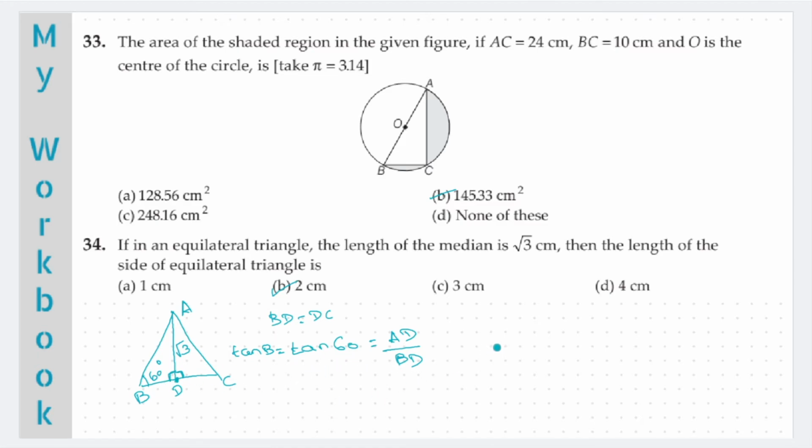So tan 60, we know it is root 3, is equal to AD, which is also given as root 3, by BD, which implies BD is 1. BD is 1 means DC will also be 1 because D is midpoint. So BC will be BD plus DC, that is 2 centimeter.